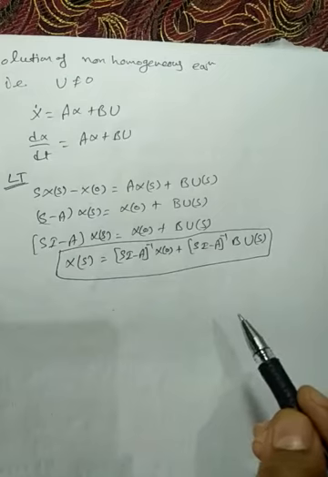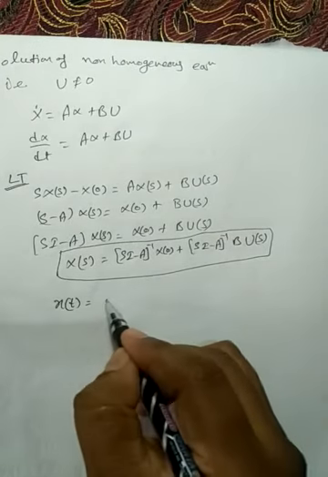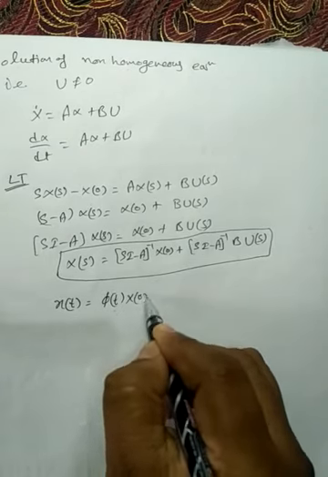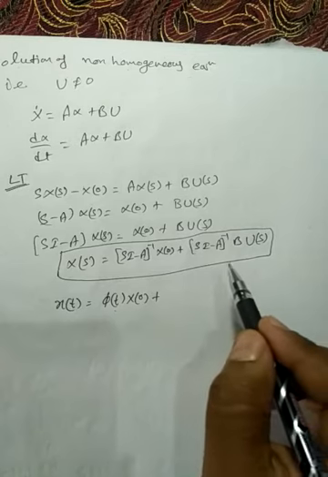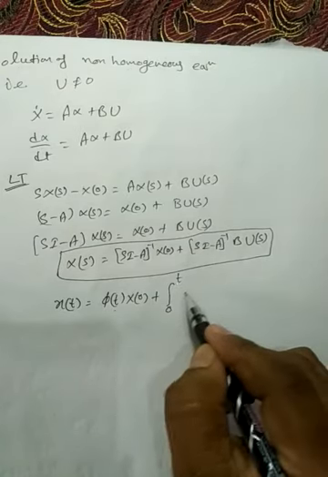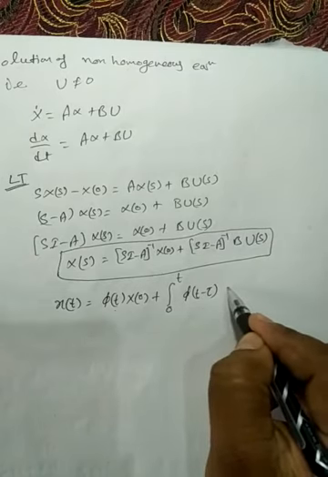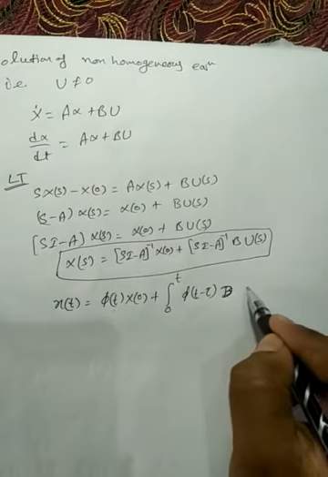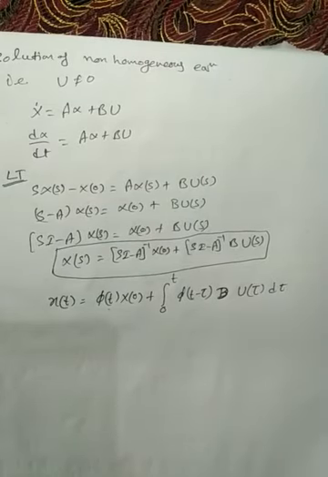And after taking the inverse Laplace, we get x(t) is equal to phi(t) x naught plus, since here we have a multiplication of two terms in the frequency domain, the integral from 0 to t of phi(t minus tau) B u(tau) d tau.